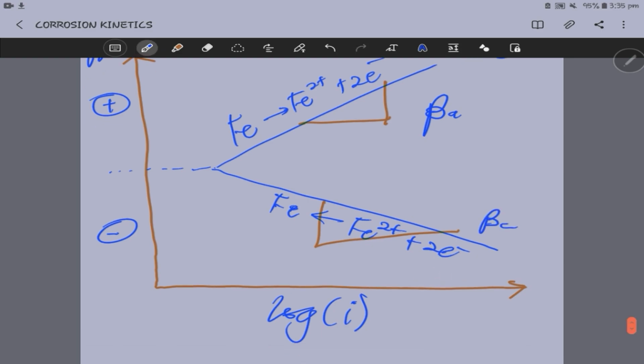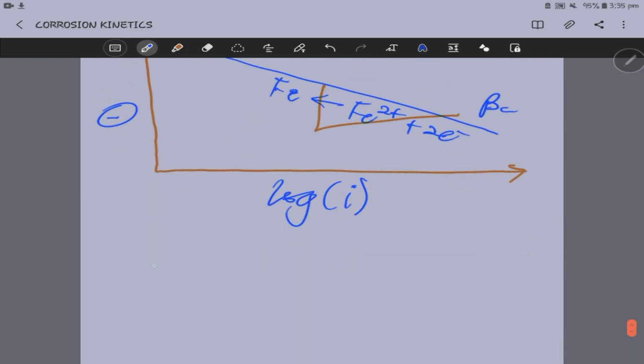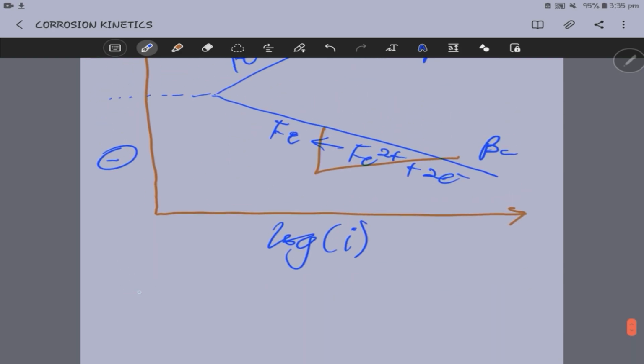A lot of people have done a lot of work on this, and they've seen that there's a relationship between this slope and the overpotential applied. For the anodic one, the anodic overpotential is equal to the slope for that one times the log of the anodic current density over the exchange current density, right?